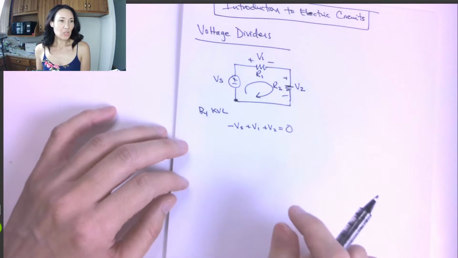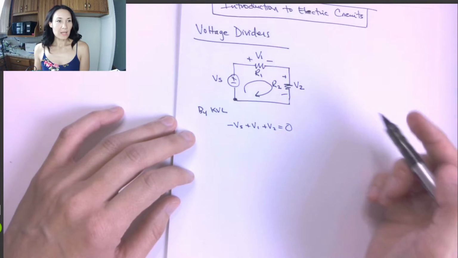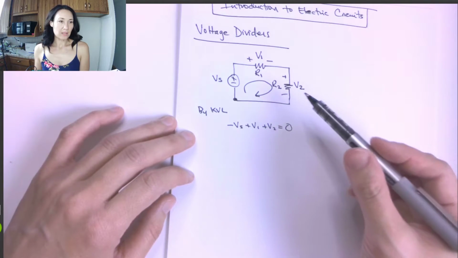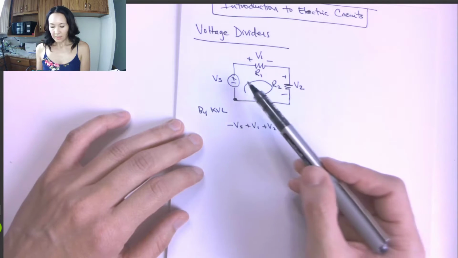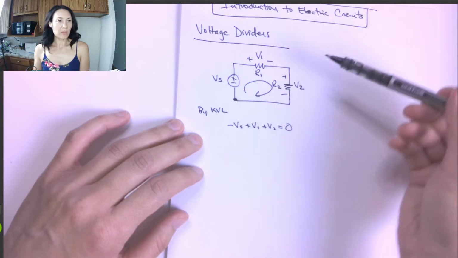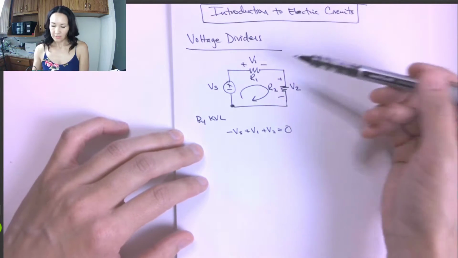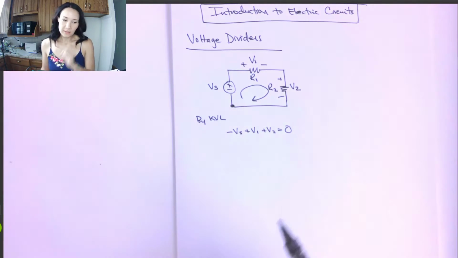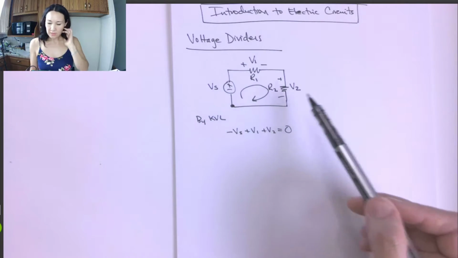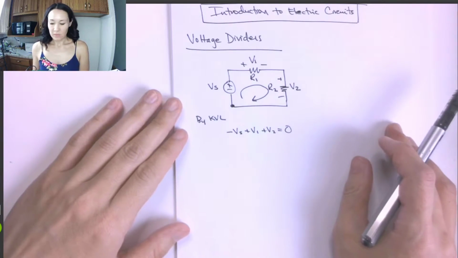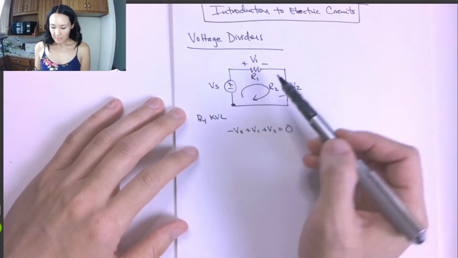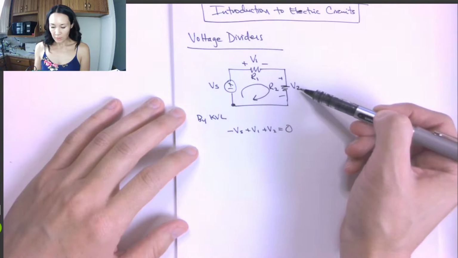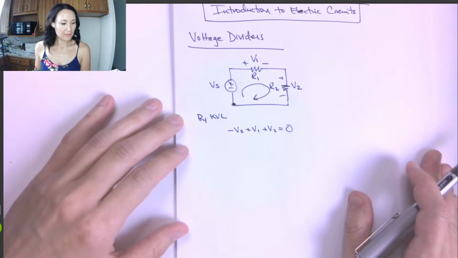Now, an implication of KVL is that series resistors act as voltage dividers. So that means that whatever the source voltage that's being applied to our series circuit is, that will be divided amongst V1 and V2. Not necessarily equally, because these resistors might not be the same value, but if we add V1 and V2 up, it will equal Vs.